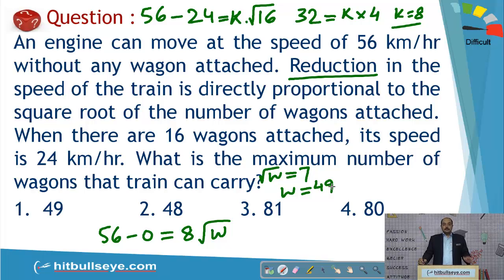The reason is, at 49 wagons, the speed is 0, which means the train is not moving. For the train to move, we need to reduce this 49 by 1 to maximize the number of wagons. Hence, your answer in this case would be 48, because we need to move the train, and at 49 wagons, the train is not moving. Really interesting question. So moving to the next one.